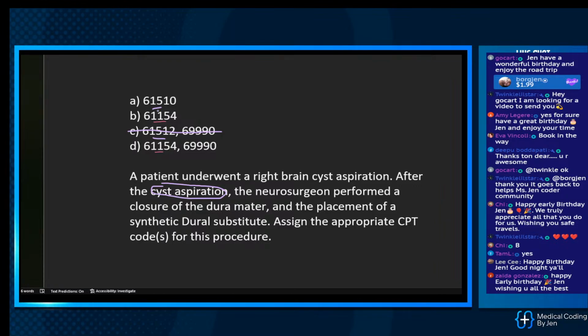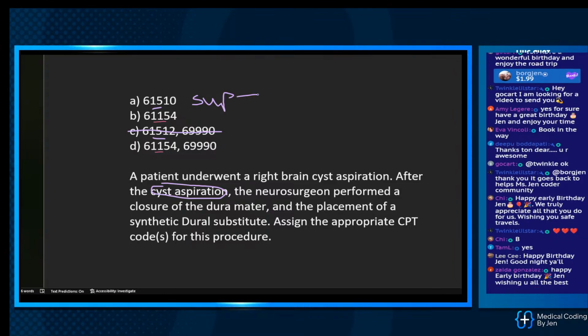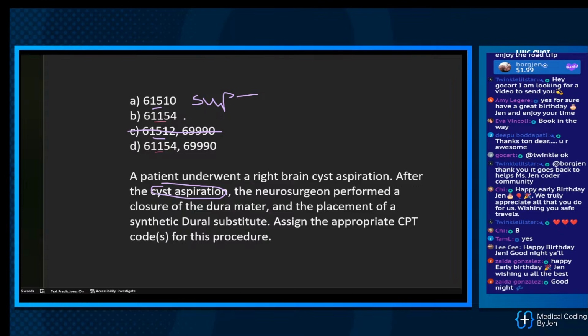It says we are doing supra, that fancy word, supra something, is the location in the brain. If you look at 611, it's dura. And this question actually has dura in it several times.